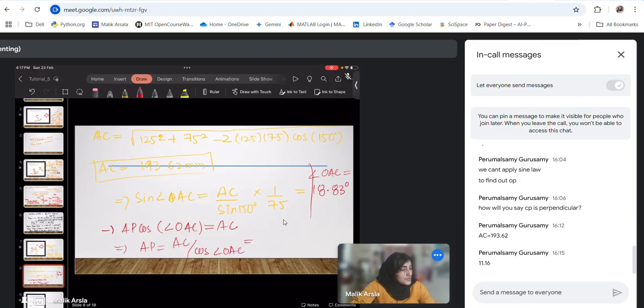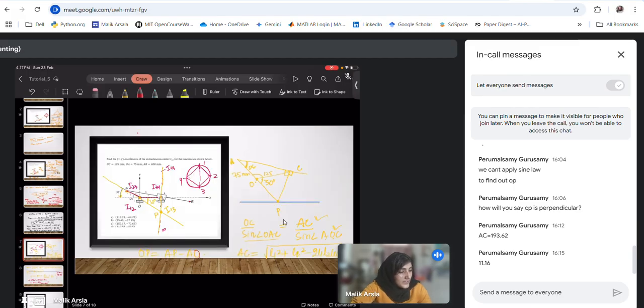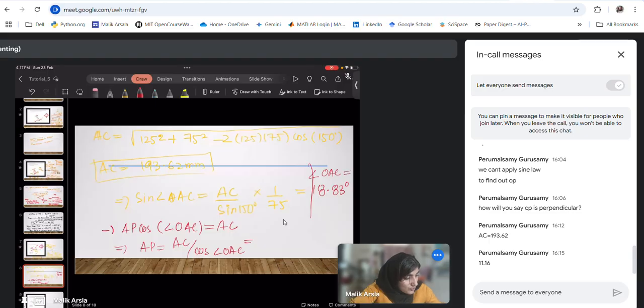Okay. So now AC is known, cos of angle OAC is known, and you can directly put it here, and AO is also known. So it implies OP is equal to AC upon cos of angle OAC minus OA, right?